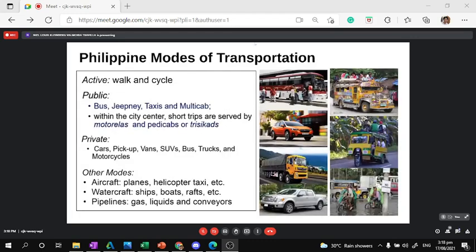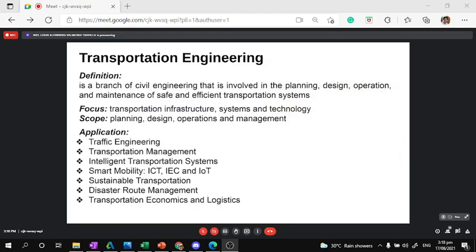Okay, sige. Next slide. Okay, sige. So, ang scope sa transportation engineering is not just the hardcore engineering, but also the soft engineering item. So, for example, sa application, ang hardcore engineering is traffic engineering, intelligent transportation system, disaster route, economics and logistics, that's hardcore.